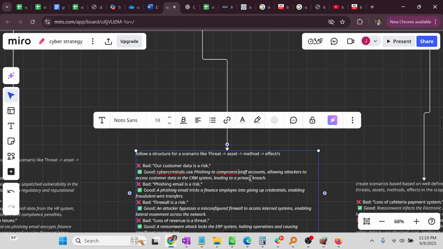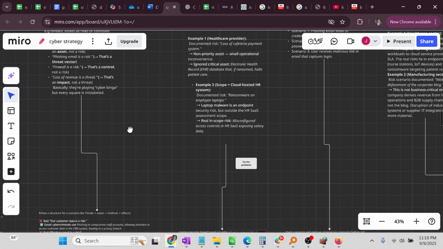And of course, what does it do? Allowing attackers to access customer data. So you are including threat, method, the staff accounts, and of course the business impact, which is the privacy breach. The customer data is the asset impact, and the privacy breach is the business impact.